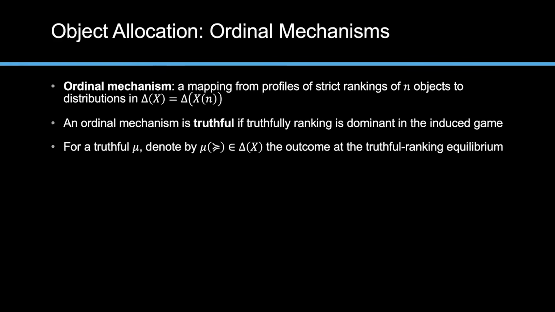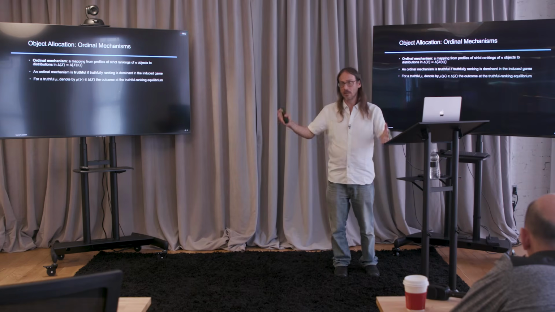So I think we can skip these, but we're going to say an ordinal mechanism is a mapping from profiles of strict rankings over the n objects to distributions over randomized matchings. So an ordinal mechanism is something that gets orders over objects and outputs a randomized matching.